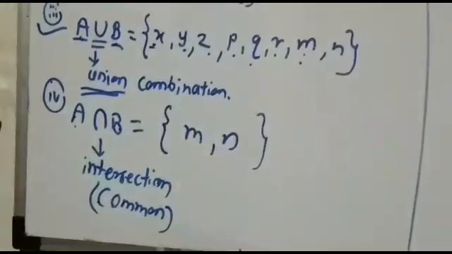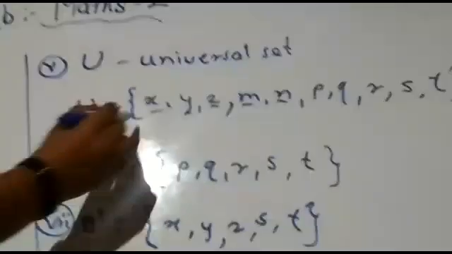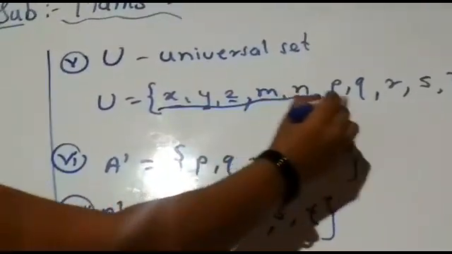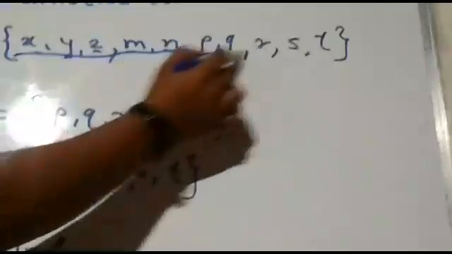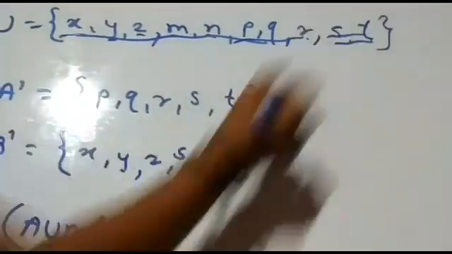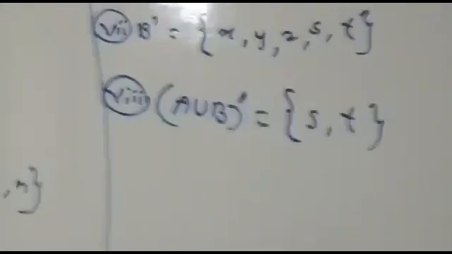All these elements we remove from the U set. Then after removing X, Y, Z, M, N and P, Q, R, the remaining elements are only S and T. Therefore, in that set only elements S and T.